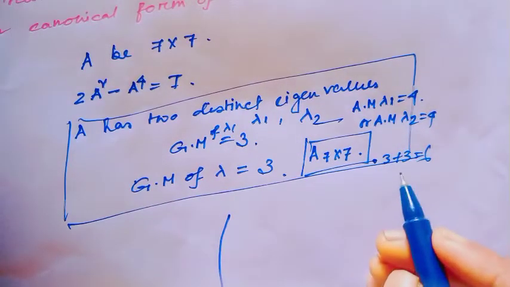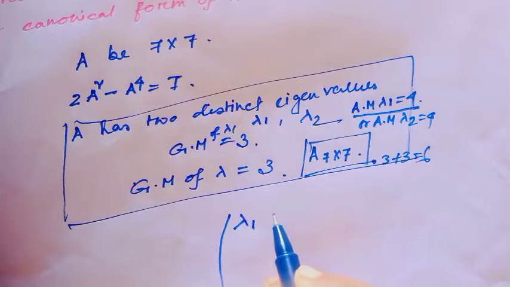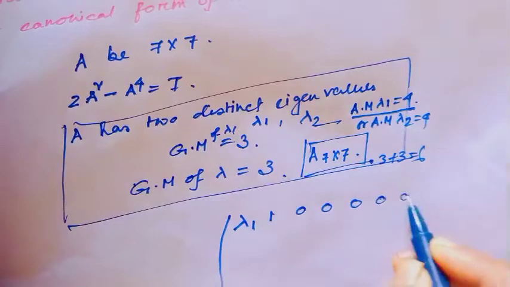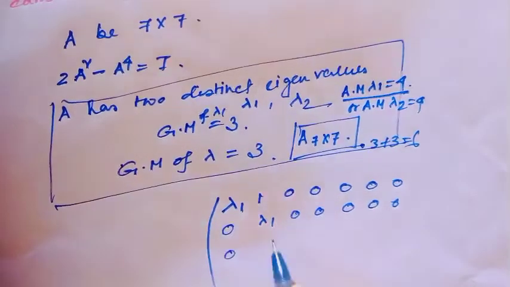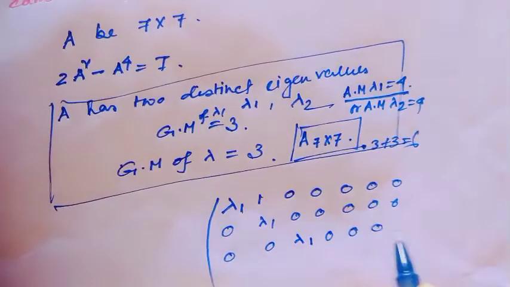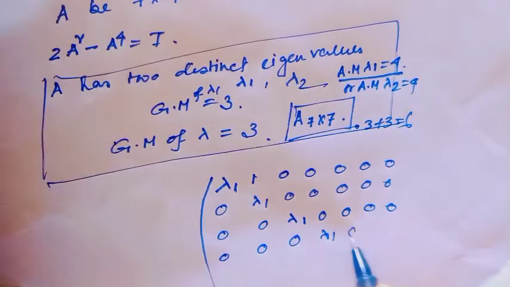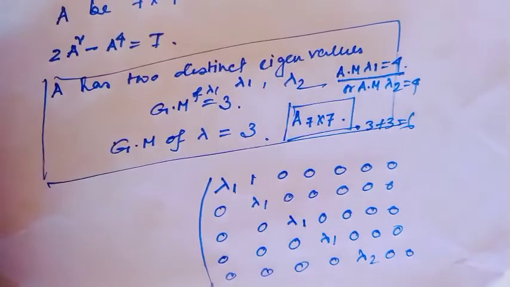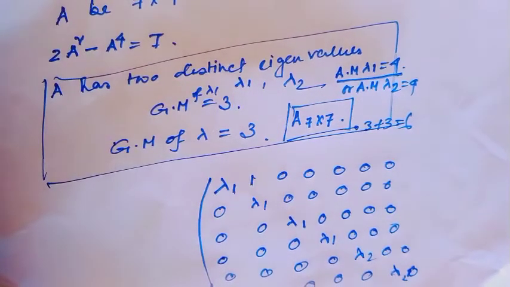If we consider the algebraic multiplicity of lambda 1 is 4, then the Jordan canonical form would be: lambda 1, 1, 0, 0, 0, 0, 0; 0, lambda 1, 0, 0, 0, 0, 0; here also lambda 1; then 0, 0, lambda 1, 0, 0, 0; 0, 0, 0, 0, lambda 2, 0, 0; 0, 0, 0, 0, 0, lambda 2, 0; and here also 0, 0, 0, 0, 0, lambda 2.